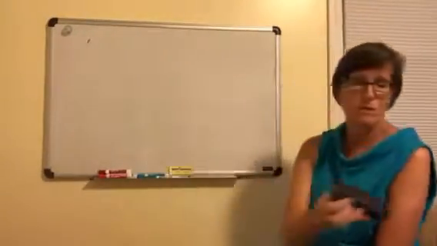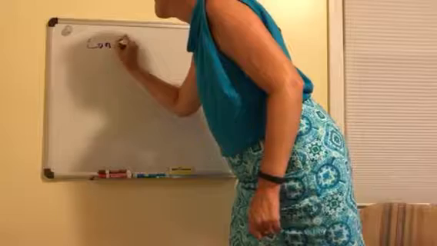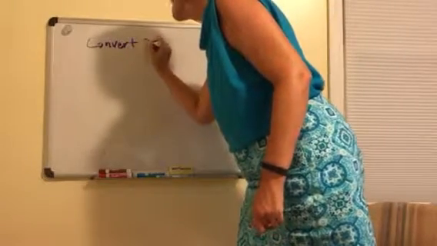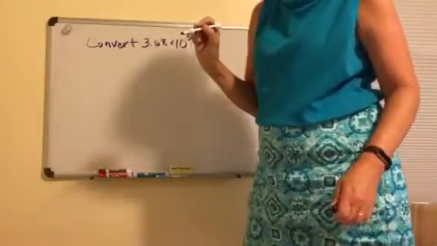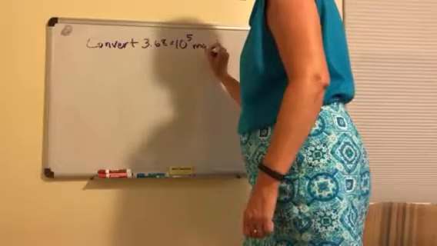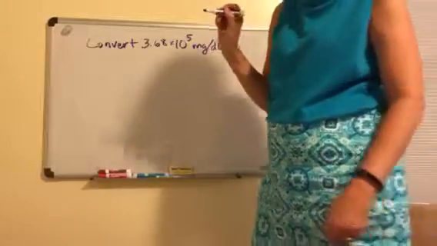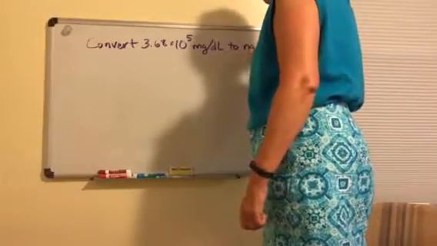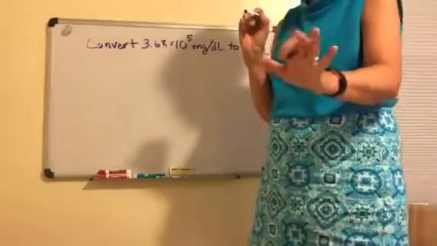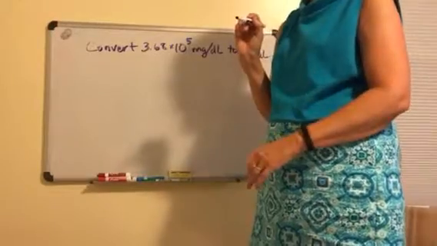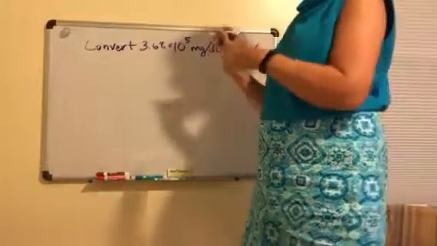I'm going to ask you to convert 3.68 times 10 to the 5th, and the units on that are going to be milligrams per deciliter, to the units of nanograms per microliter. I'll ask you to stop the video, pause it, and then solve the problem. So pause it now, and then we'll go over it.